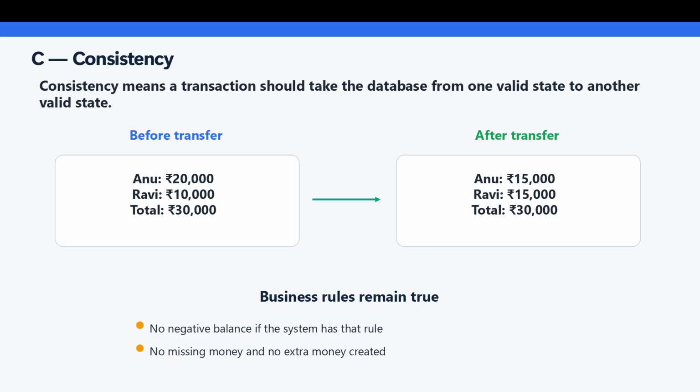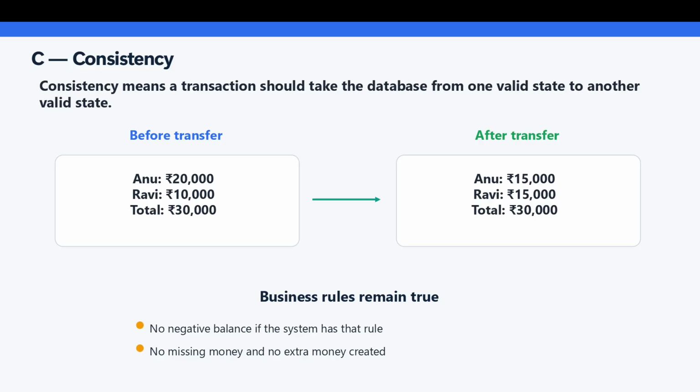Then the second ACID property is consistency. Consistency means that the transaction should take the database from one valid state to another valid state. Let us look at the values shown on the slide. Before the transaction, Anu has 20,000 rupees and Ravi has 10,000 rupees.